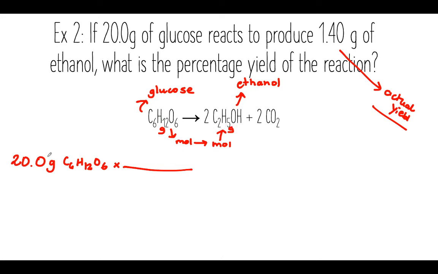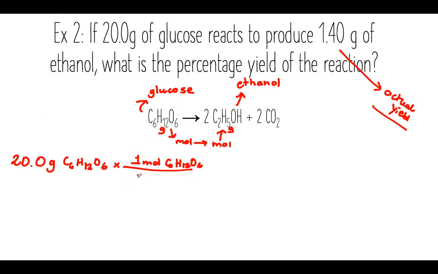So I'm going to need to use my 20.0 grams of glucose. I'm going to need to use my molar mass to find the moles of glucose. So 1 mole of C6H12O6 is equal to my molar mass when I take into account the elements and how many of each element there are.